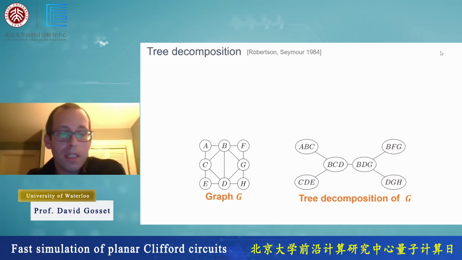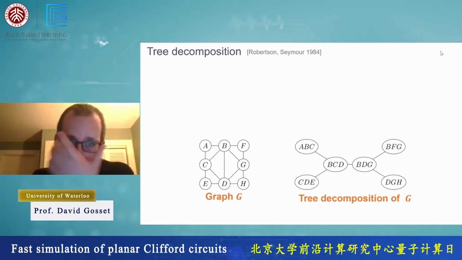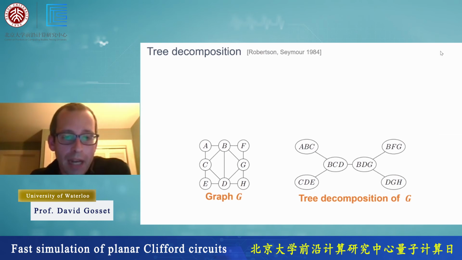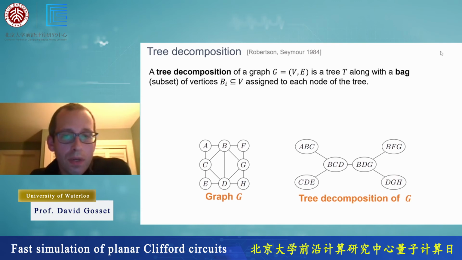So let me now tell you what a tree decomposition is briefly. So here is an example from Wikipedia of a graph and a tree decomposition of that graph. So a tree decomposition is a tree along with a bag for each node of the tree. So the bag is a subset of vertices, which is assigned to each node or vertex of the tree.